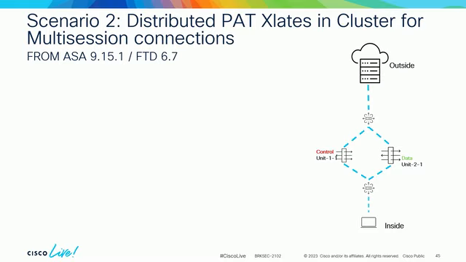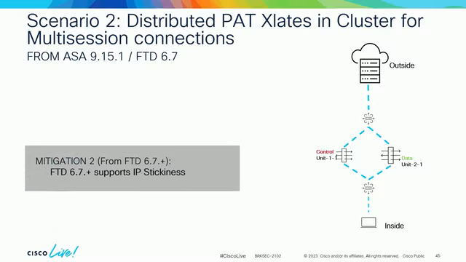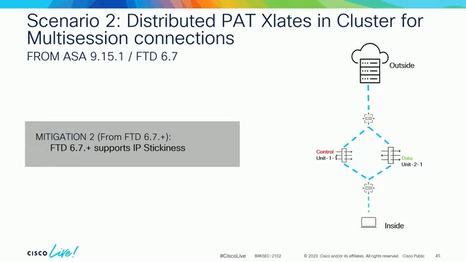So now, if a connection goes through one unit in the cluster, that unit will run the stickiness algorithm, and the unit will determine that the traffic from that host will get translated to one IP address, in this case, the 201.1.